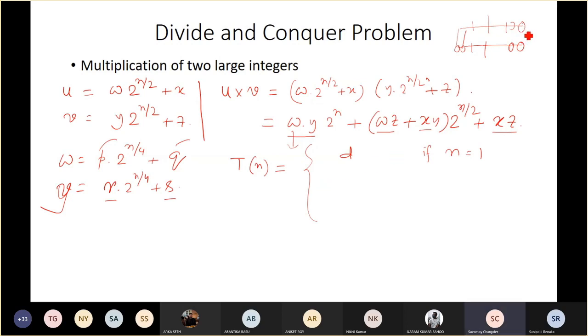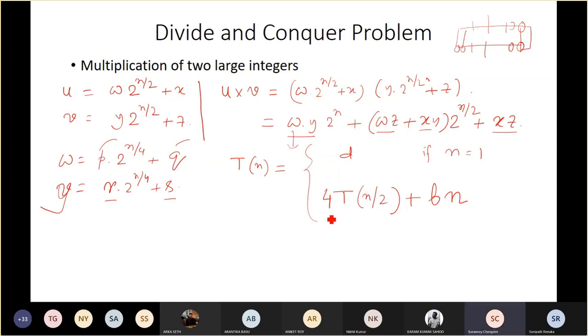So we are considering constant time whenever the length of these integers is 1. Otherwise, we require 4 multiplications each of length n by 2, plus some constant b into n, because we are multiplying these n bits.